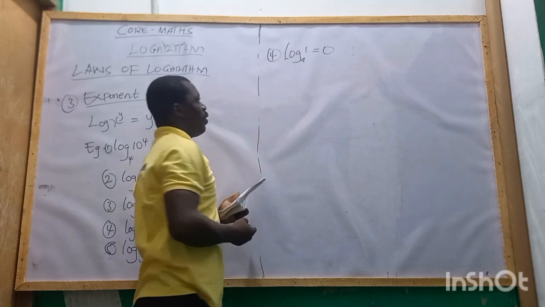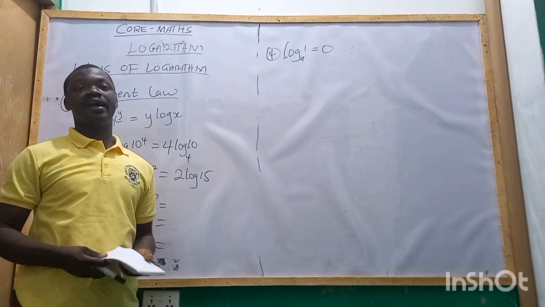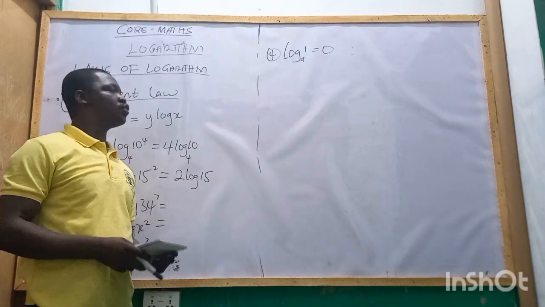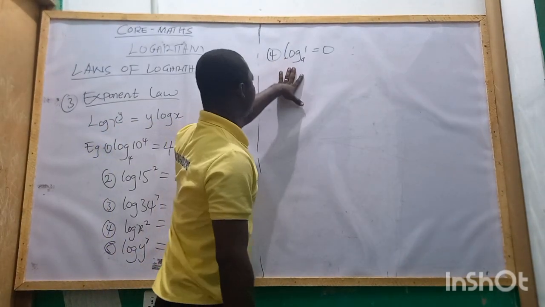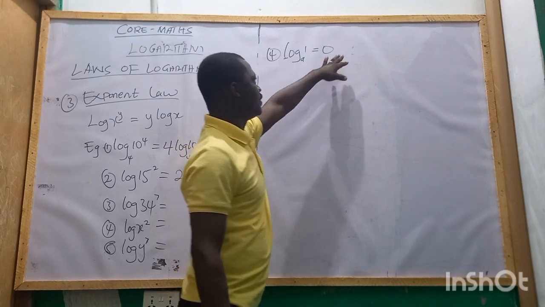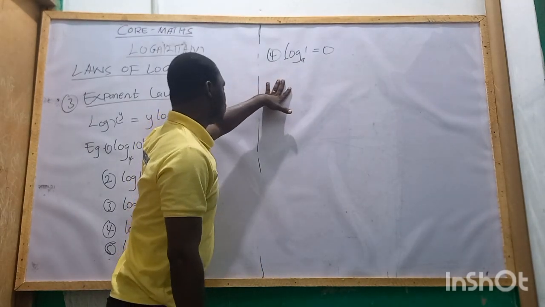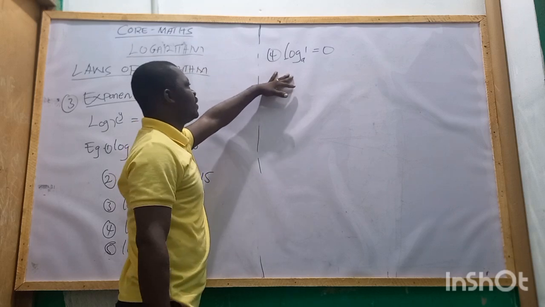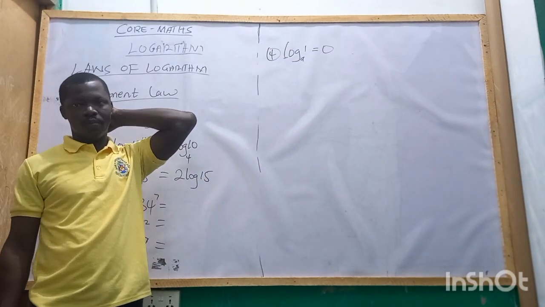so logarithm of 1 to any base is 0. I'll show you why. So log of 1 to any base is what? 0. So as we learned earlier on, we can prove it by writing this log in indices form. Right.